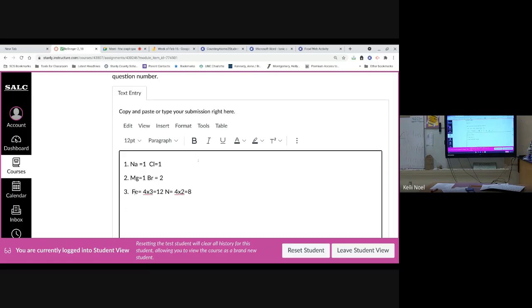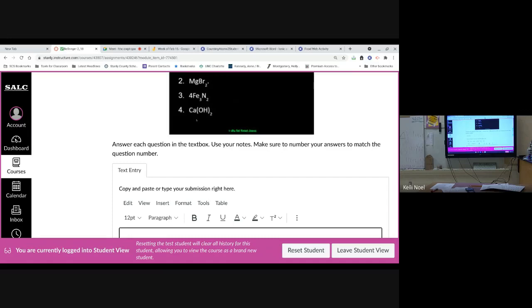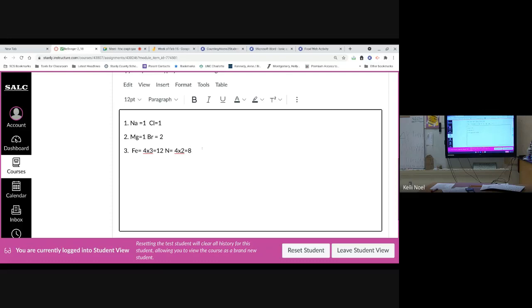And the last one, we didn't do any with parentheses yesterday. Parentheses is like in math, distributive properties. So Ca is 1, O is 2 times 1, and H is 2 times 1. So we've got Ca equals 1.